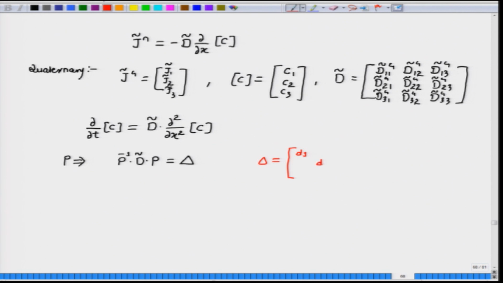So, delta is D1, D2, D3, right, and these Di's are eigenvalues of D tilde, and matrix P is obtained by arranging the eigenvectors of D tilde column by column.